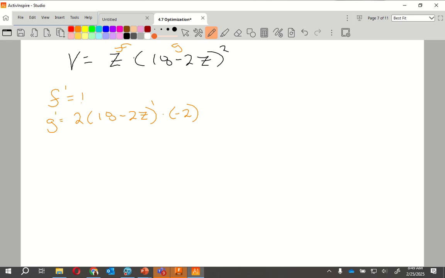Now I'm plugging into my product rule. It's F prime G, so 1 times (18 minus 2z) squared, plus G prime F, so it's z times negative 4 times (18 minus 2z).